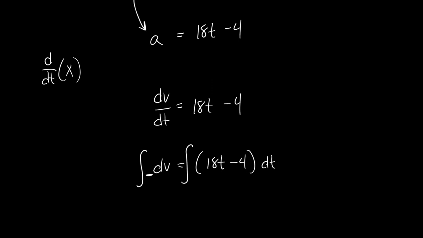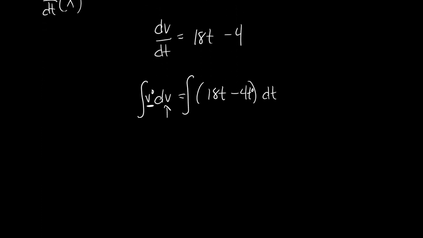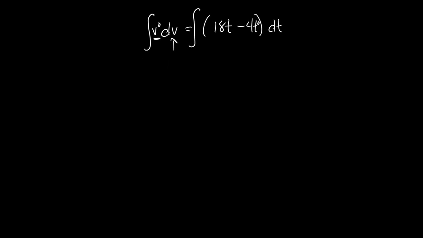Since there's no term here, the v tells me to put a v to the 0 power there, for the same reason that I put a t to the 0 power there. And now we just do the antiderivative process for, in this case, a polynomial. I'm going to add 1 to that exponent, v to the 1, and divide by the new exponent. I'm done on the left. Go to the right.